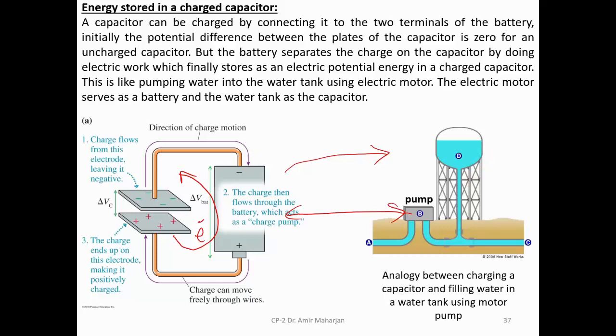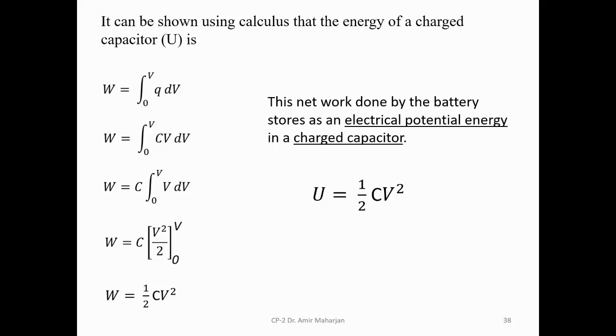So when a capacitor is charged, it stores some energy, right? So how do you find that? Then you're going to again briefly need some calculus. So you just need to integrate. Initially the voltage across the capacitor is 0 before it's charged, and when it is fully charged, let's say V is the voltage, and Q dV is the small work done in adding a small amount of charge. So you have to find the total work done.